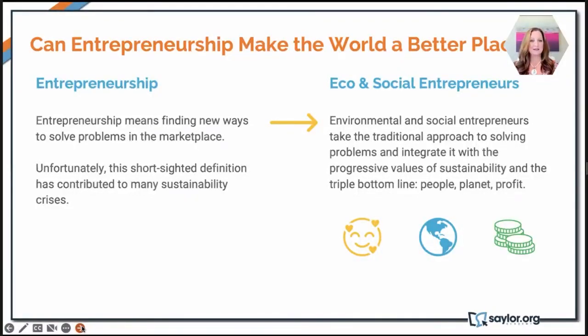All right, so eco and social entrepreneurs who look at environmental and social aspects take the traditional approach to solving problems and integrate it with the progressive values of sustainability and the triple bottom line of people, planet, and profit. So it's not like we're just getting rid of everything from the past. No, we're building on that.